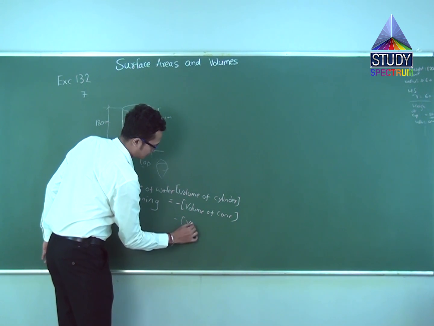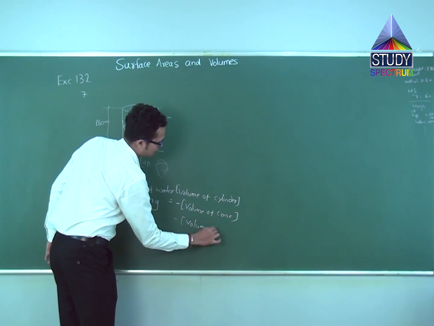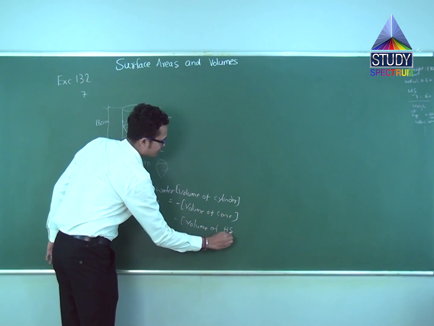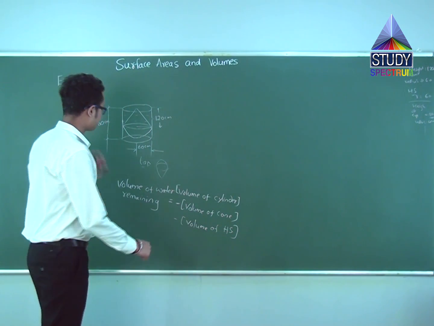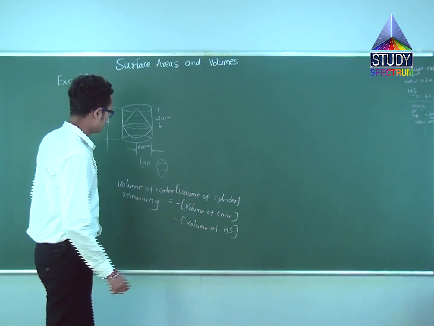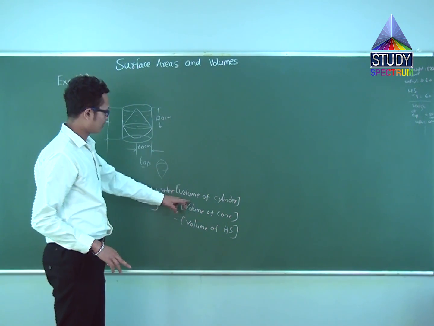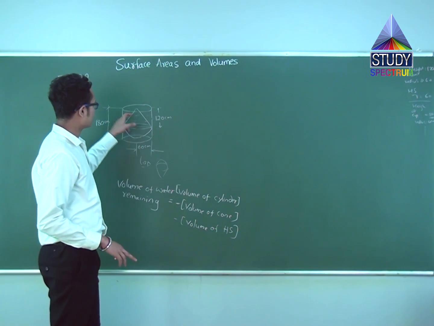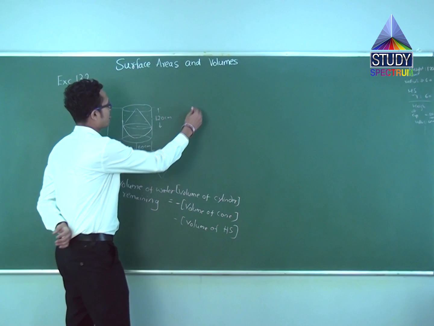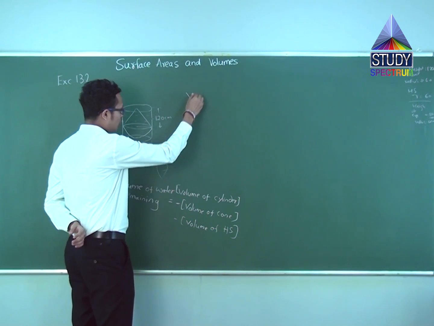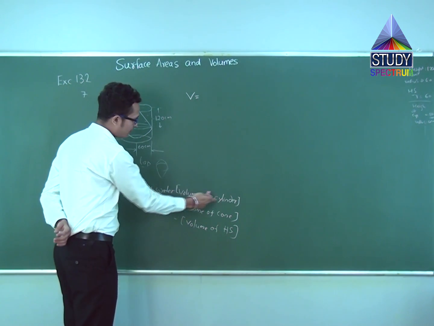HS stands for hemisphere. Let's substitute the formula and the values of H and R and find out the volume of the water that remains inside the container. So volume is equal to volume of the cylinder.